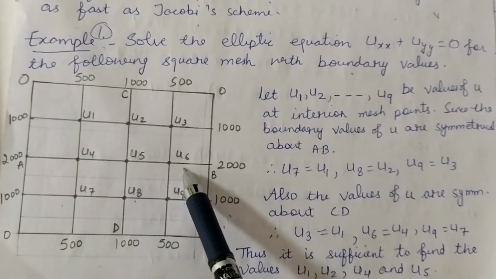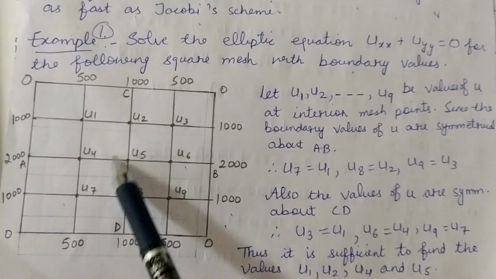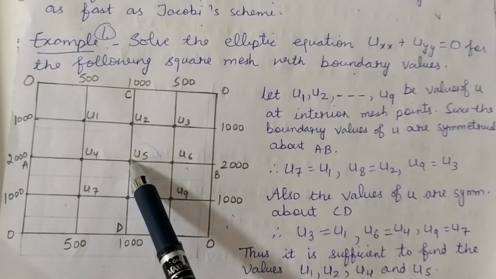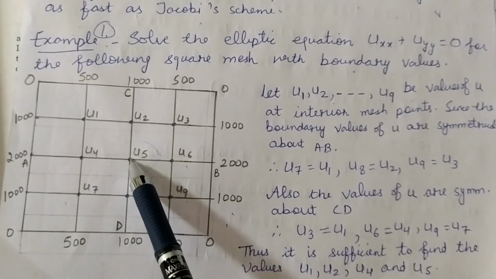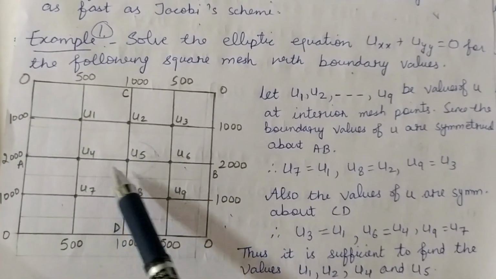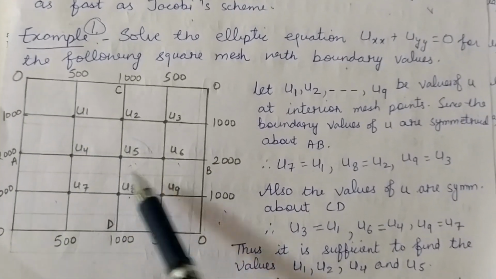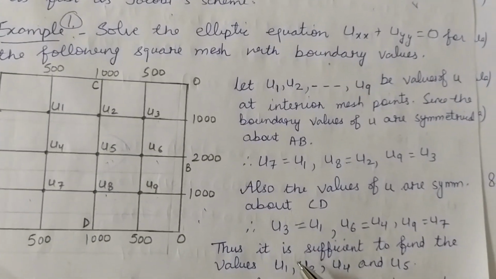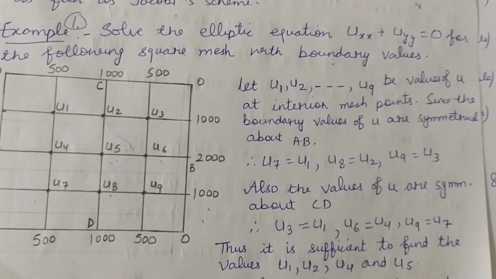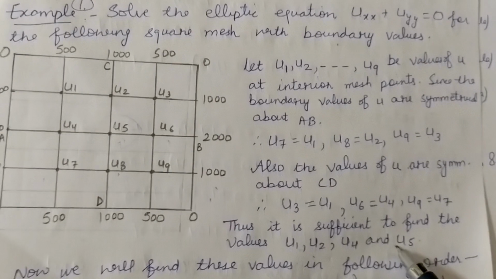So this means I have to find out the value for u1, u2, u4, then this u5, because it is at the center and it's not equal to any other value. So I have to find out the value for u1, u2, u4 and u5. So only these four values I have to find out. So thus, it is sufficient to find the values u1, u2, u4 and u5.